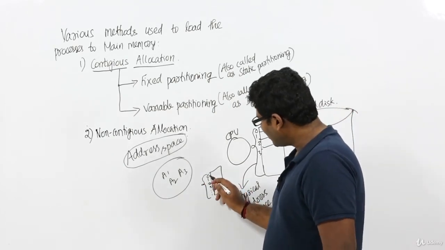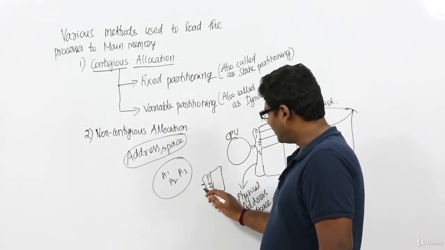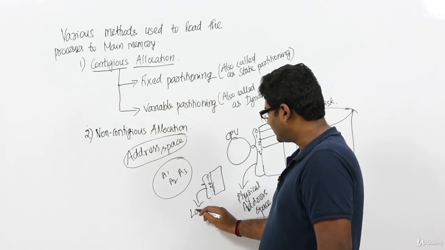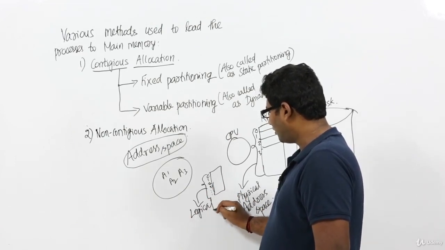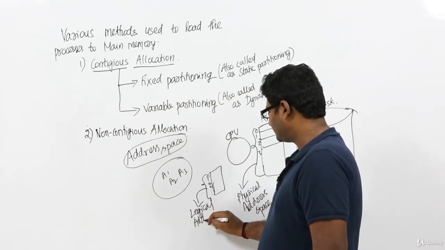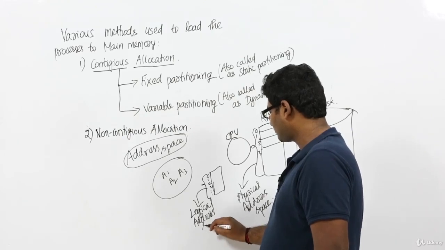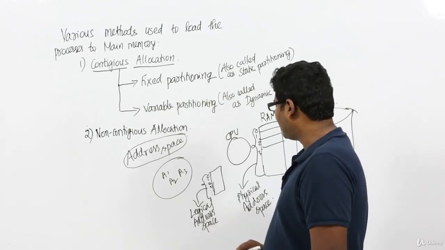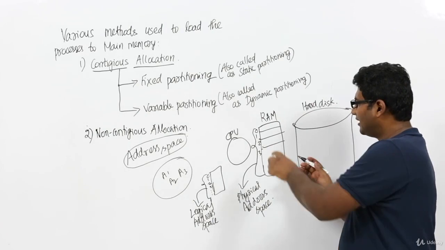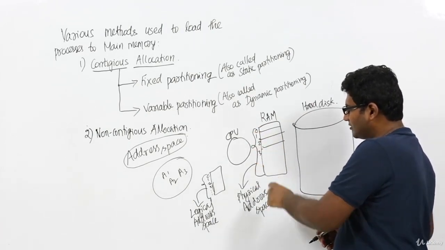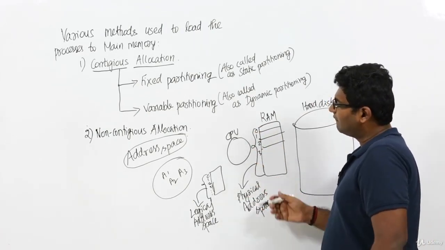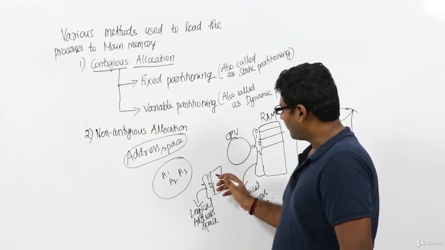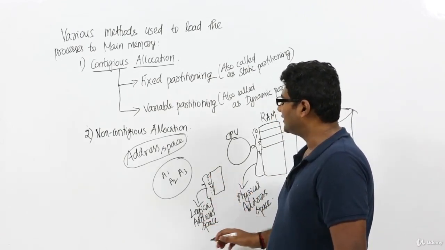The collection of addresses of the process is called the logical address space. So the set of all addresses in the memory is called the physical address space, whereas the set of addresses in the process is called the logical address space.